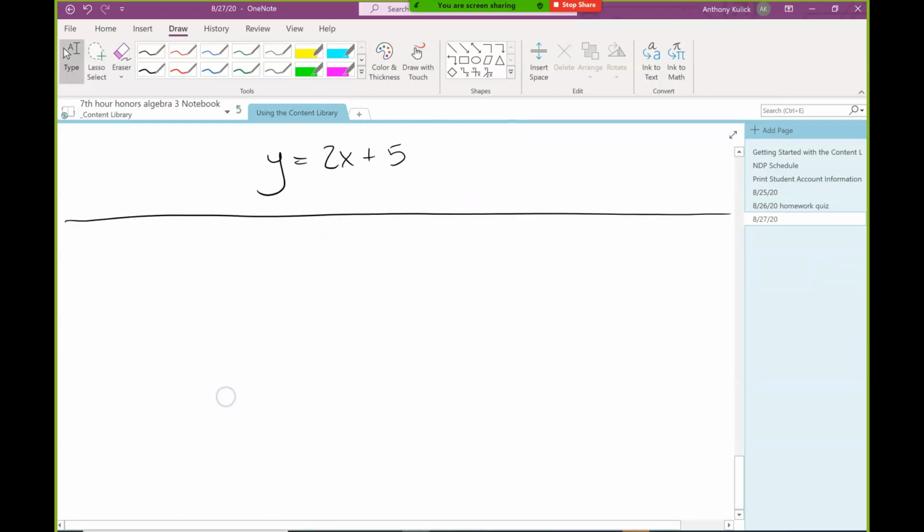So now we're going to define a special kind of relation, called a function.